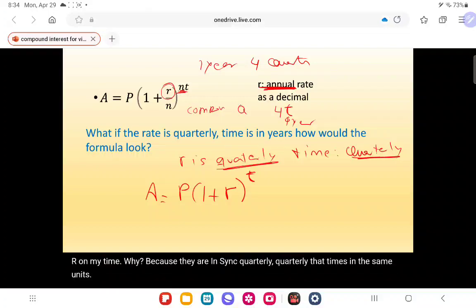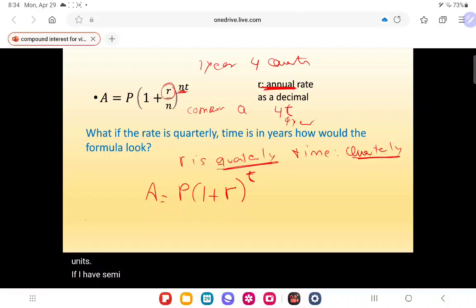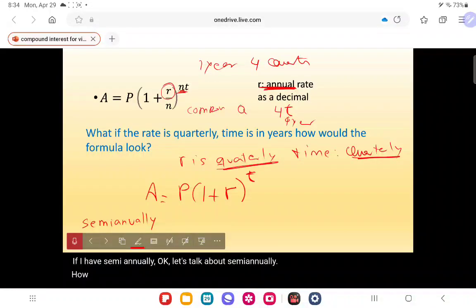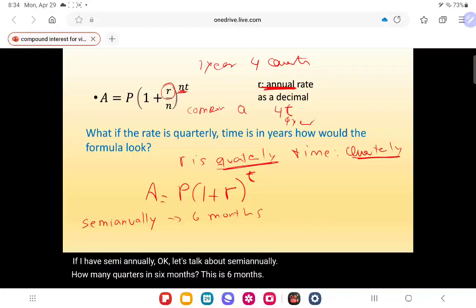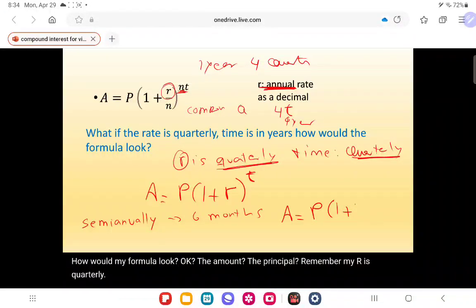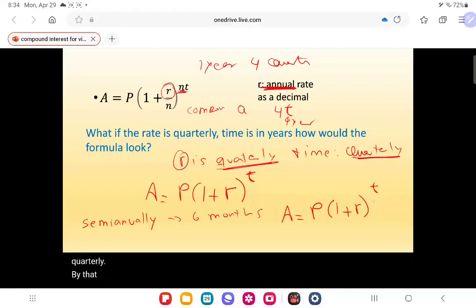If I have semi-annually, let's talk about semi-annually. How many quarters in 6 months? How would my formula look? The amount, the principal. Remember, my r is quarterly, but the time is not the same.